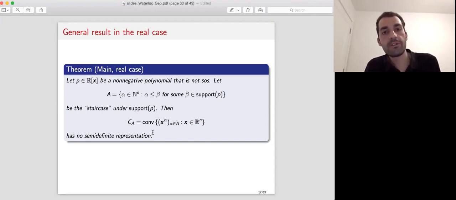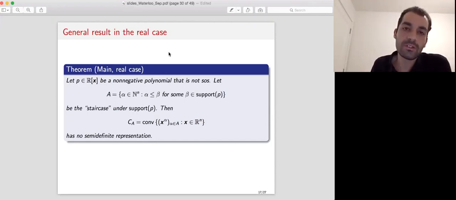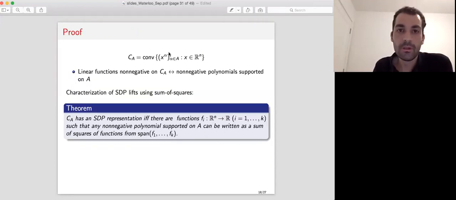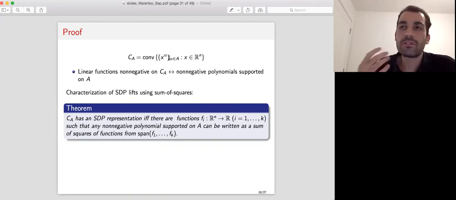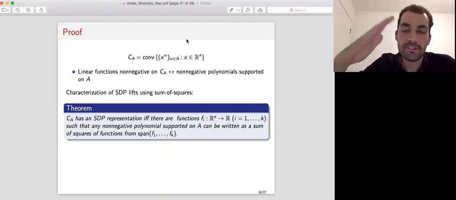Let me now explain how we prove this theorem using the slack matrix formulation I mentioned before. The first thing is to understand what the slack matrix of this convex set is. To do this, I need to understand what the linear functions that are non-negative on this set are.